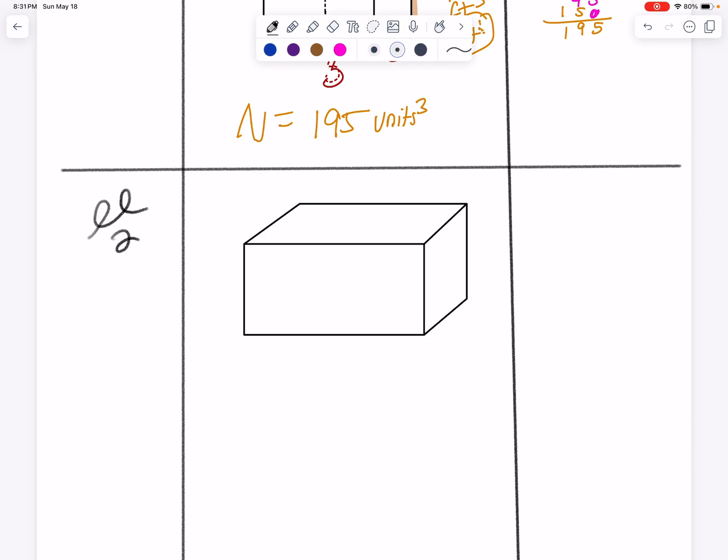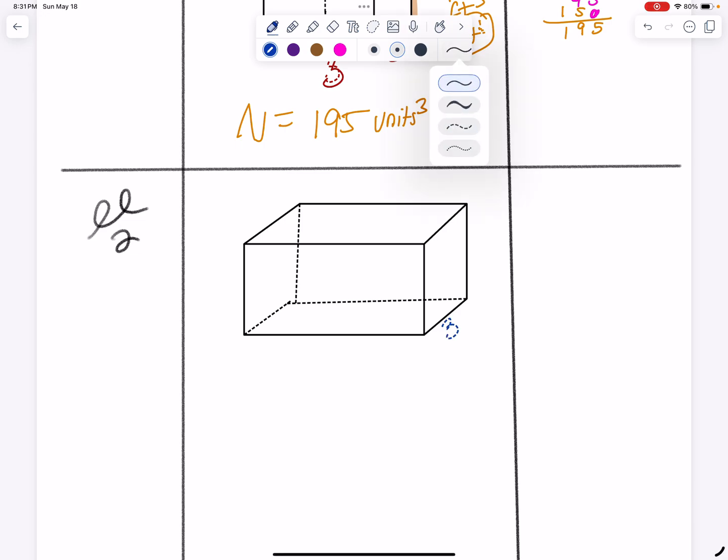And then a little squiggly. Squiggly. Less squiggly. More squiggly. Something like that, okay? So let's say they're telling you that this is 3 feet.